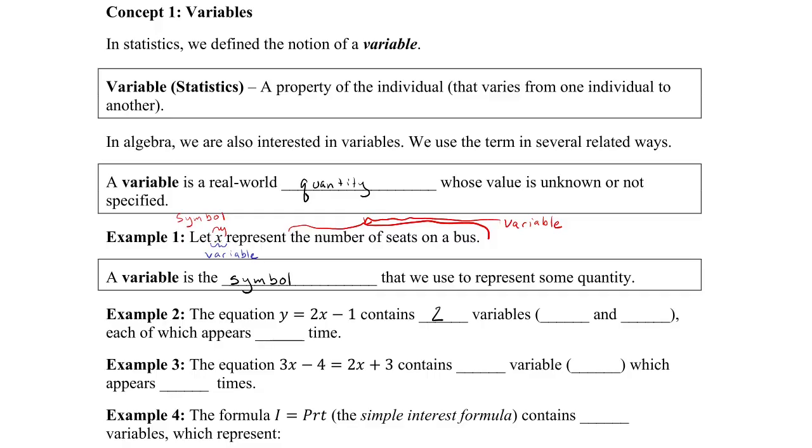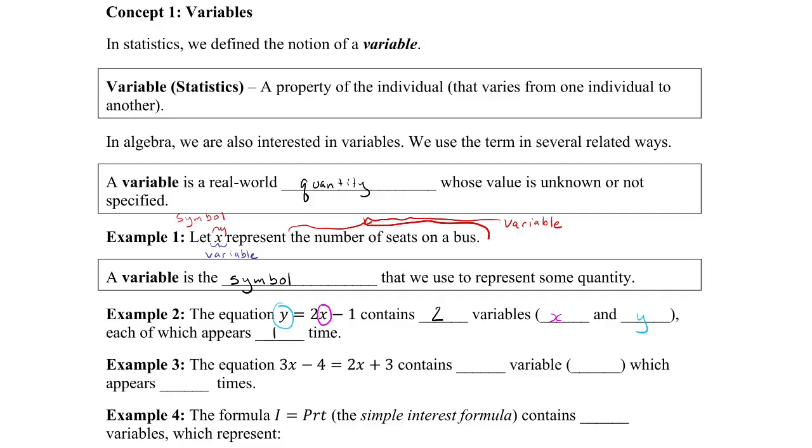It contains an x, and it also contains a y. So the two variables are x and y, and each of those variables only appears one time.